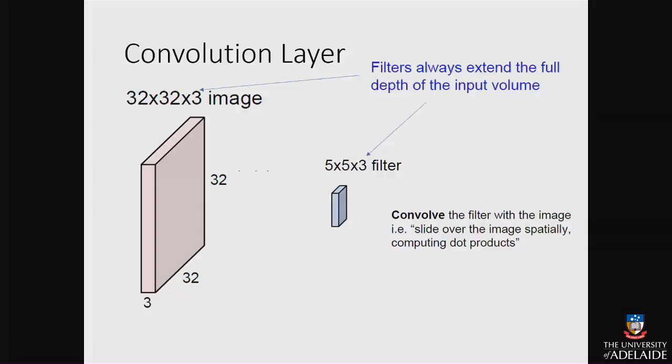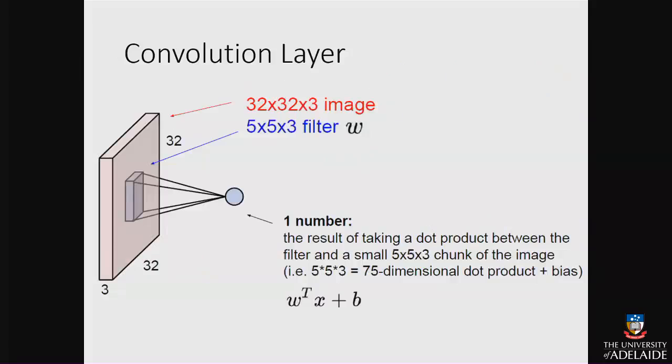Every filter is small spatially, but extends through the full depth of the input volume. For example, a typical filter on the first layer of a convolutional neural network might have size 5 by 5 by 3. During the forward pass, we slide, or more precisely convolve, this filter on the image.